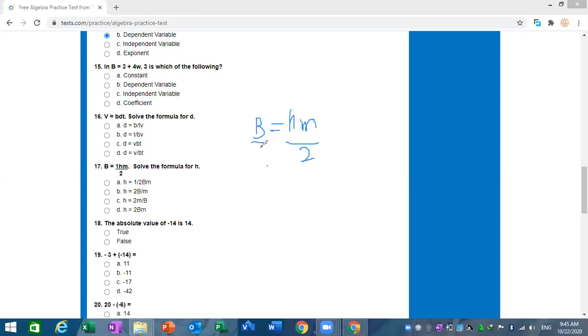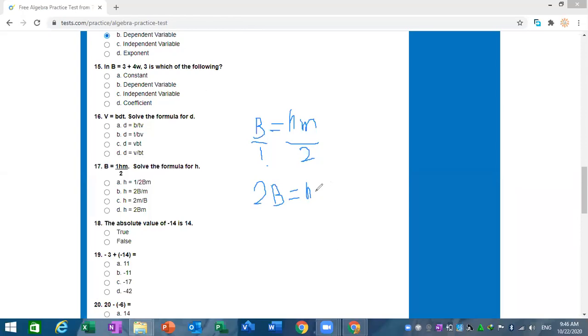First, you multiply both sides by 2. Over 1. So we can make it over 1 and then we can do cross multiplication. Then 2P equals hm, right? We are looking for what? H. I'm not looking for m, sorry.